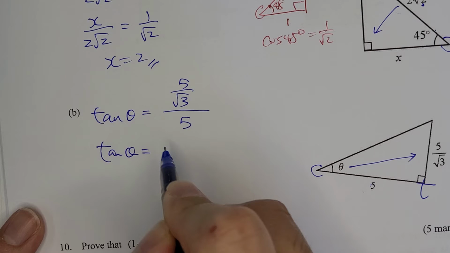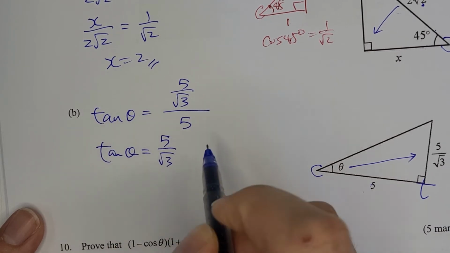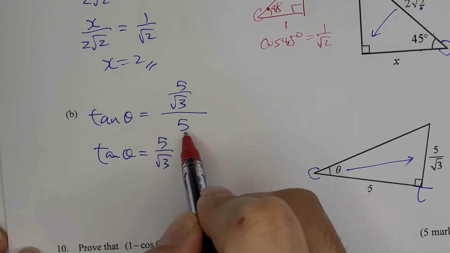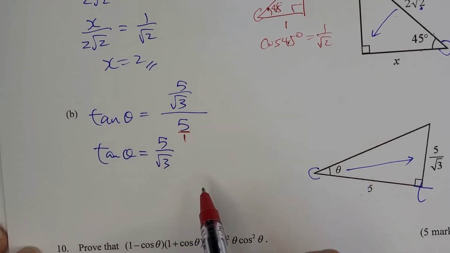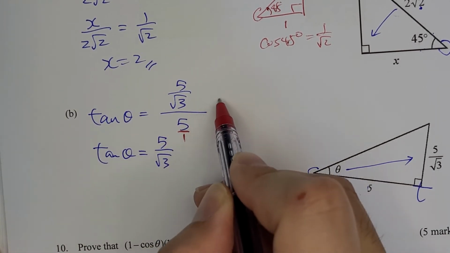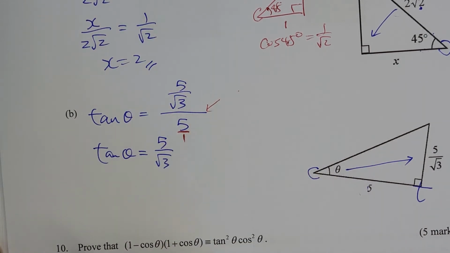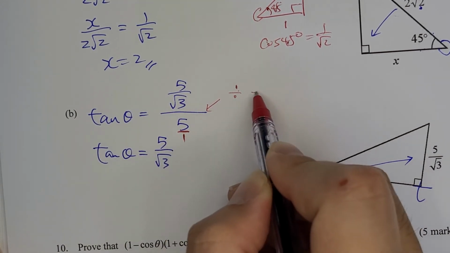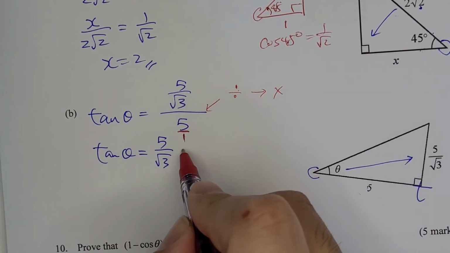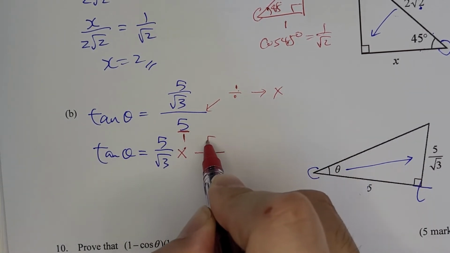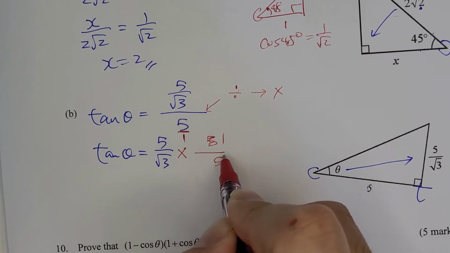So simplify this one. Tangent theta would equal 5 over square root 3. This number 5 can be written as 5 over 1. If you want to change this division into multiplication, then that's the way you should do it. Multiply by 1 over 5.